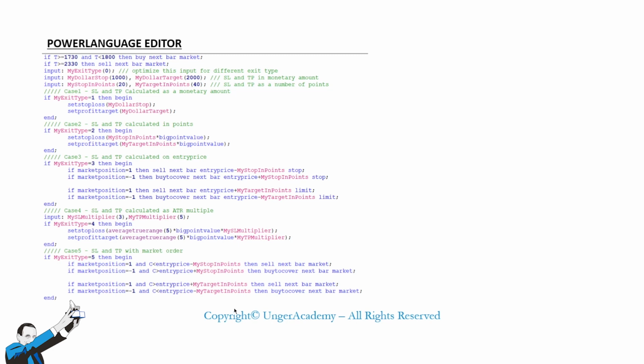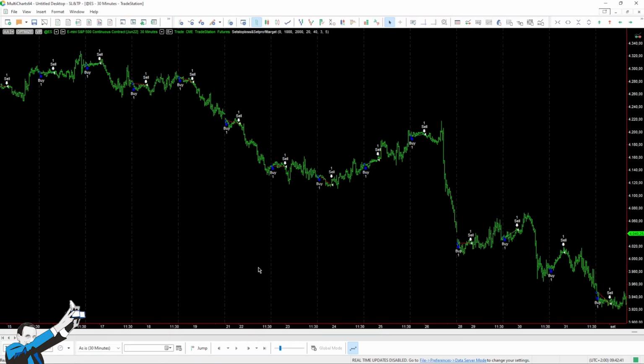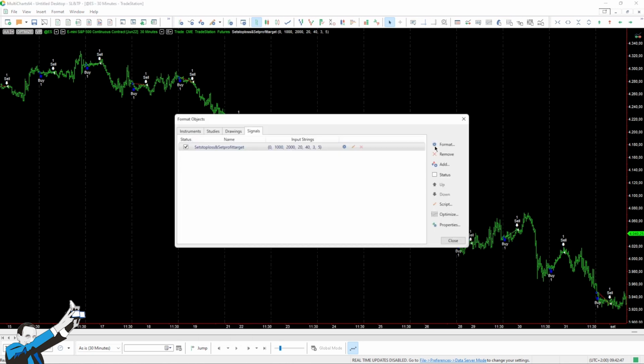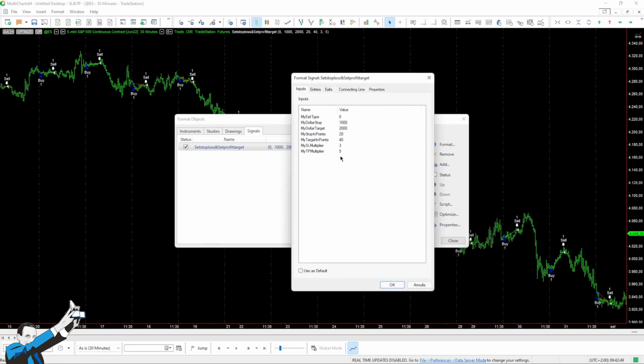Now let's move to multi-charts where I've loaded the Mini SP 500 chart. As a stop loss, I decided to use the same money amount that corresponds to the distance in points. For example, $1,000 on the Mini SP 500 future corresponds to 20 points.